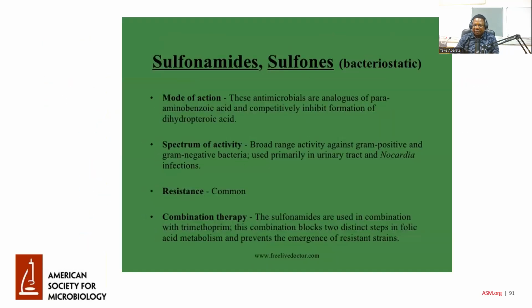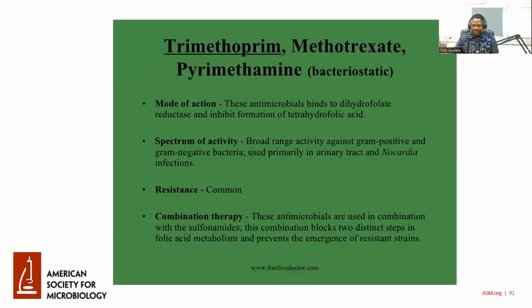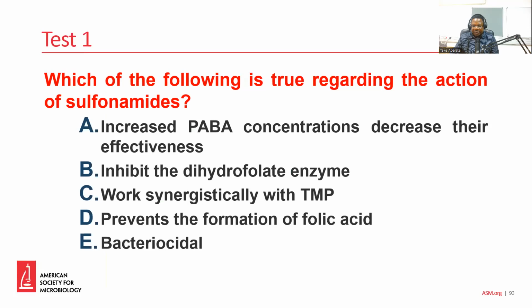If we go back to sulfonamide, the spectrum of activity, we can see that they have a broad range of activity against gram-positive, gram-negative, and even nocardia. So they can be used to treat even intracellular microorganisms.